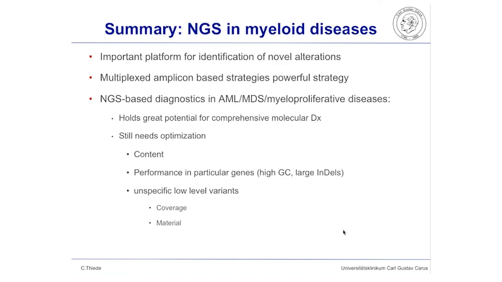But we do need optimization for the content which we want to detect, the performance in particular genes, especially for those which have high GC content, and those genes where we expect large InDel mutations. And we have to deal with the unspecific low-level variants. This has to be kept in mind, not only technically, but also biologically for the patients with CHIP detectable in the blood.